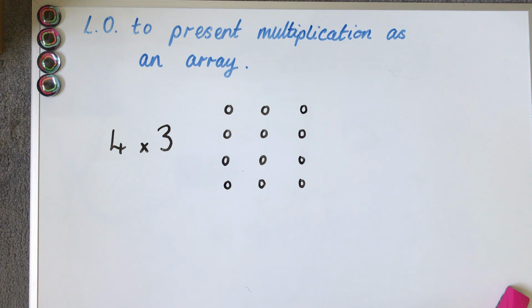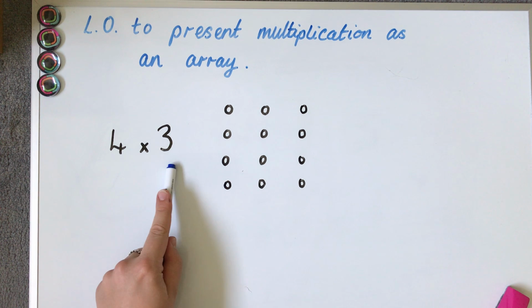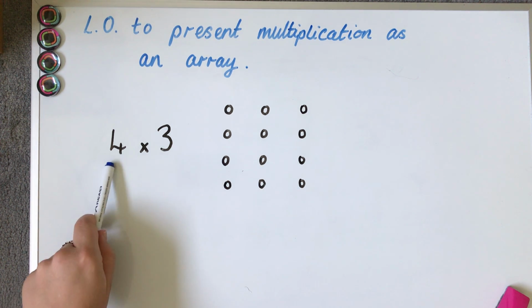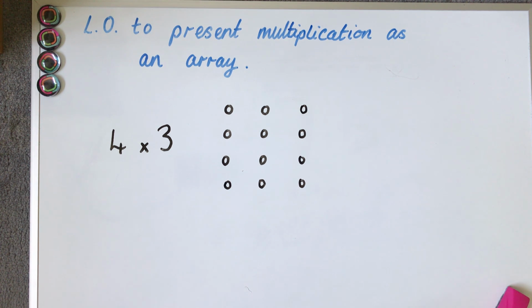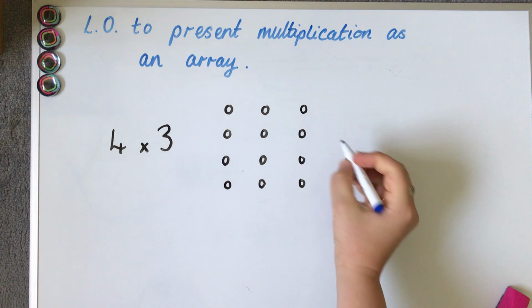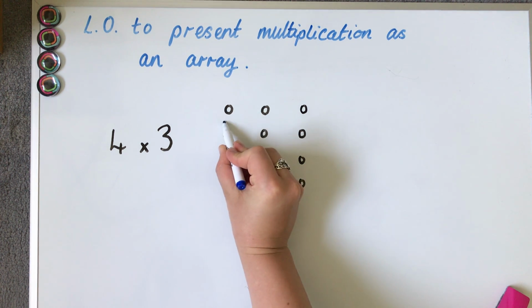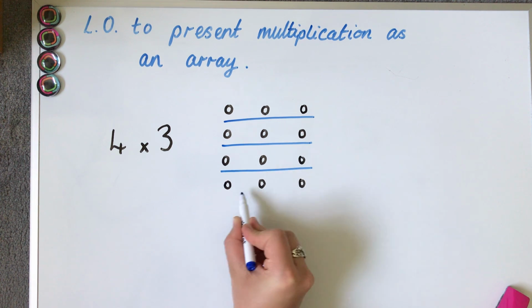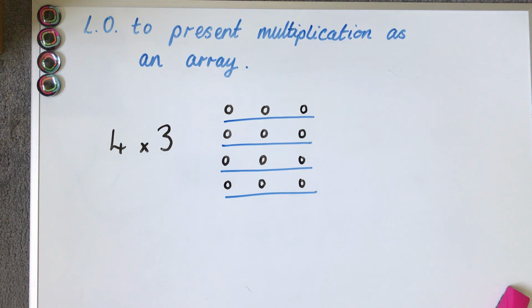My multiplication sum I've got here is 4 times 3. My number 4 tells me how many rows I'm going to have, so I'm going to have 4 rows. Can we see 1, 2, 3, 4.